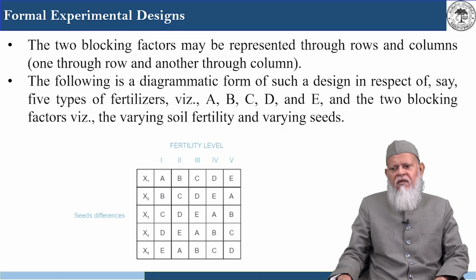And the fertilizers are A, B, C, D, E, in the 5 plots which were further divided into 5 blocks in each plot. And then we are observing in the diagram that no treatment is repeated either in the row or in the column.